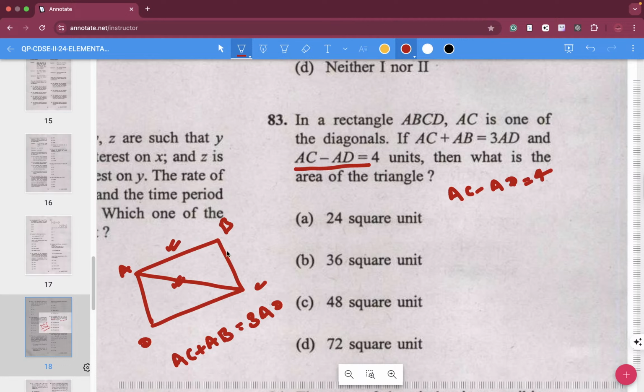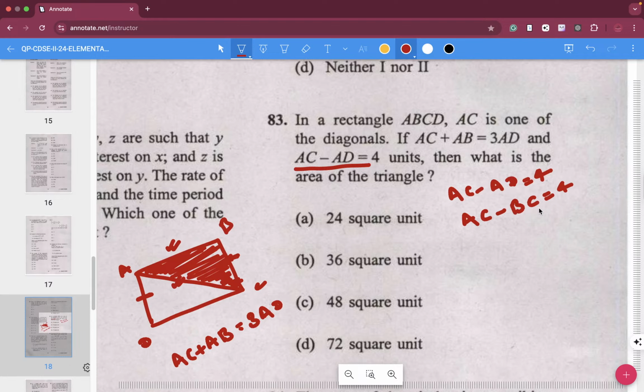Now what I want you to understand is that if it is a rectangle, the value of AD and the value of BC will be the same. Why am I writing that? Because we are going to use Pythagoras theorem in this particular triangle ABC to solve that. If it is a rectangle, the value of AD is going to be the value of BC, which means AC minus BC is equal to 4.